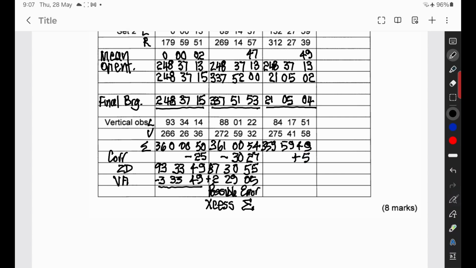Plus 5, because we're short by 11 seconds, so add 5, that gives us 84, 17, 56, so that's 5 degrees 42.04.